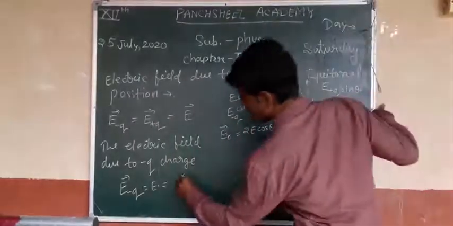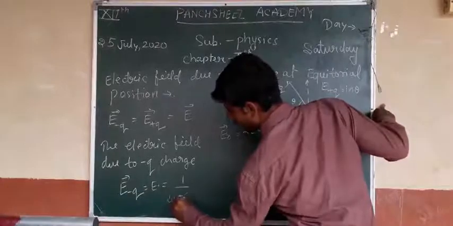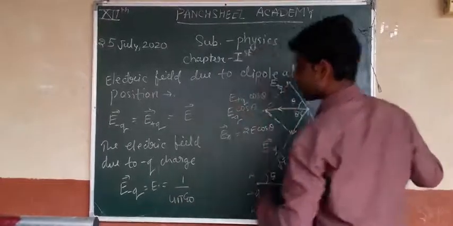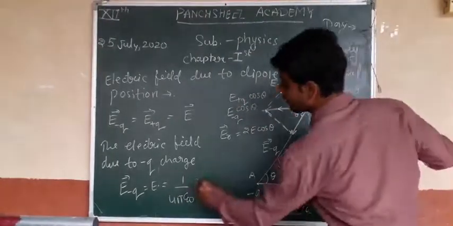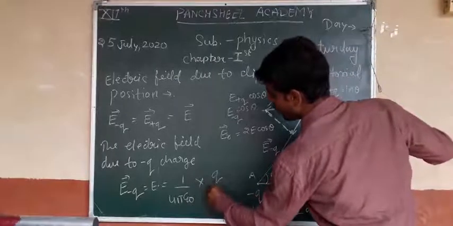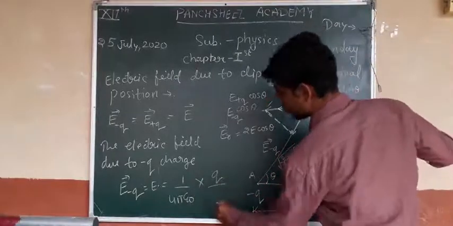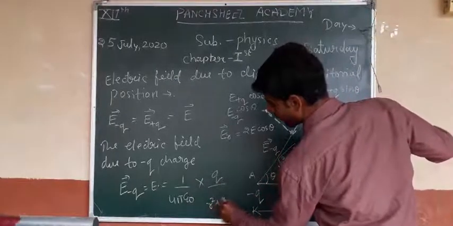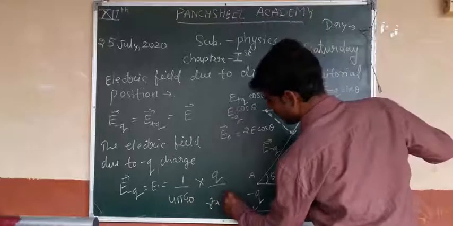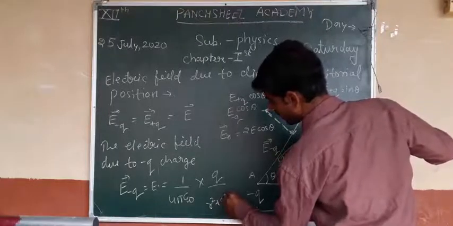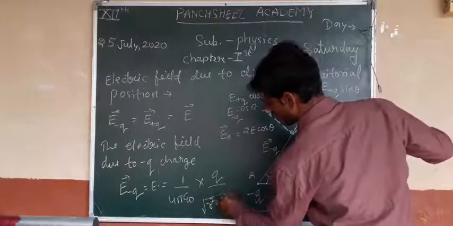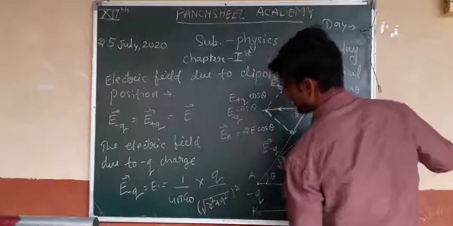Let's see here, 1 upon 4 pi epsilon naught, Q upon (square root of R square plus A square) whole square.